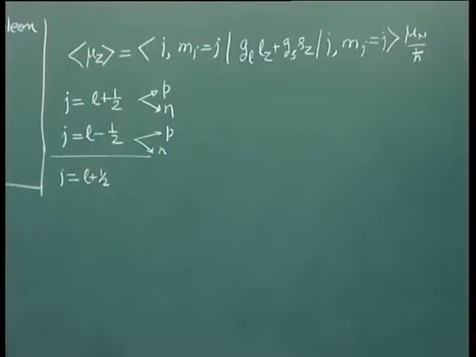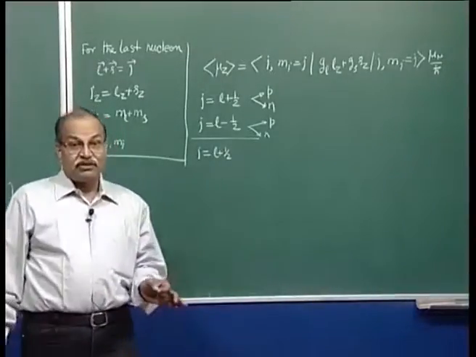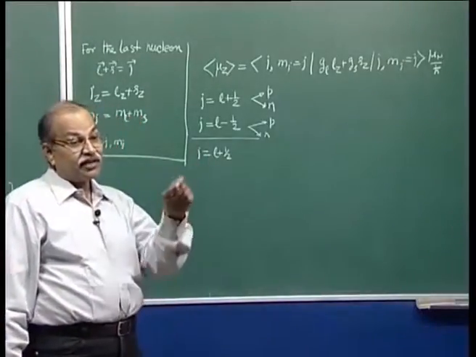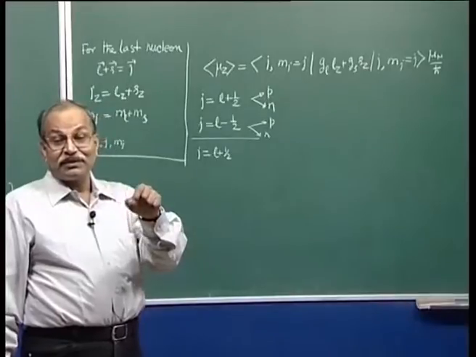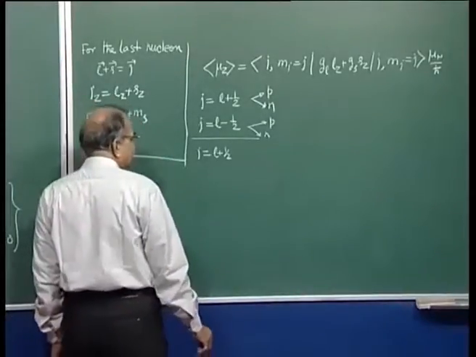Suppose we are taking this case. That means we are talking of P 3 by 2 or D 5 by 2 or F 7 by 2, the larger one. So, J is equal to L plus half.